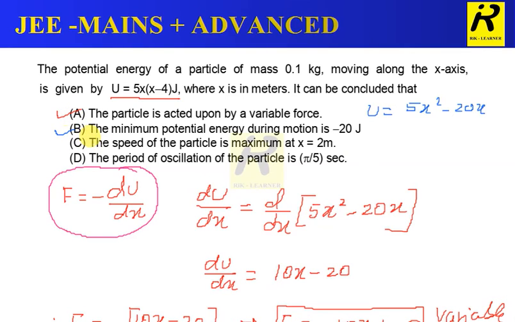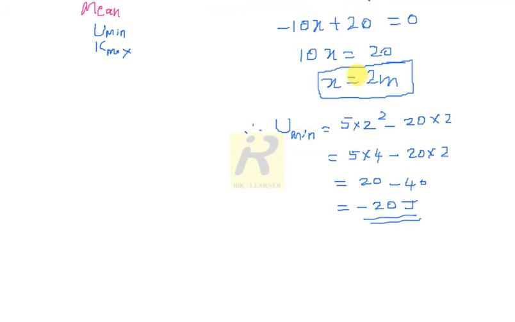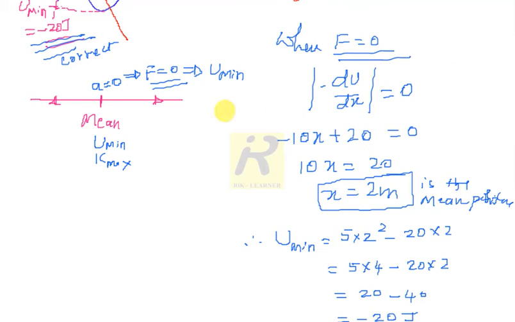Now think about option C. The speed of the particle is maximum at x equals 2 meters. What we actually got is that x equals 2 meters is the mean position. So what happens at the mean position? At the mean position, kinetic energy will be maximum.